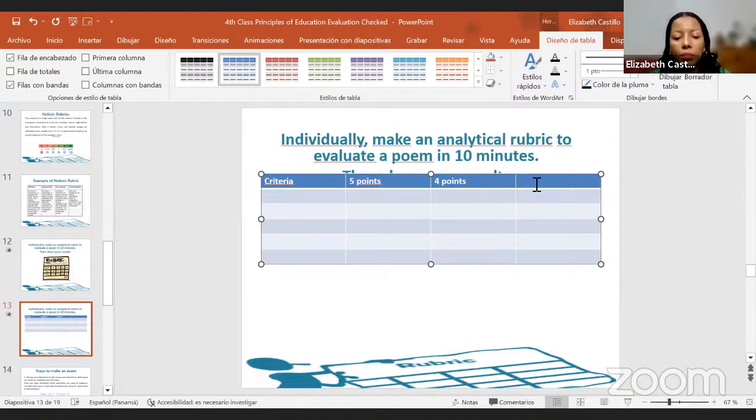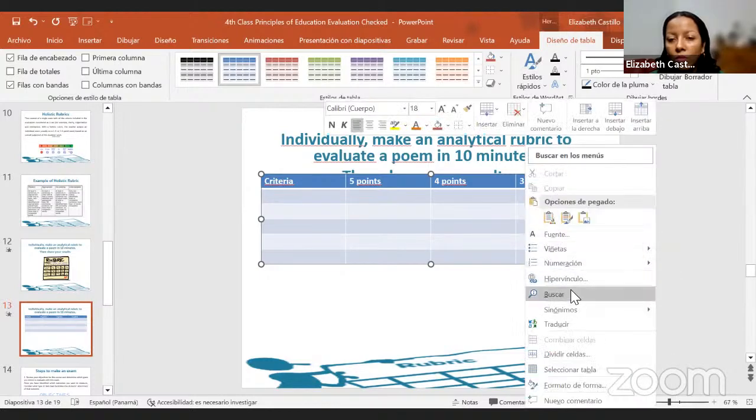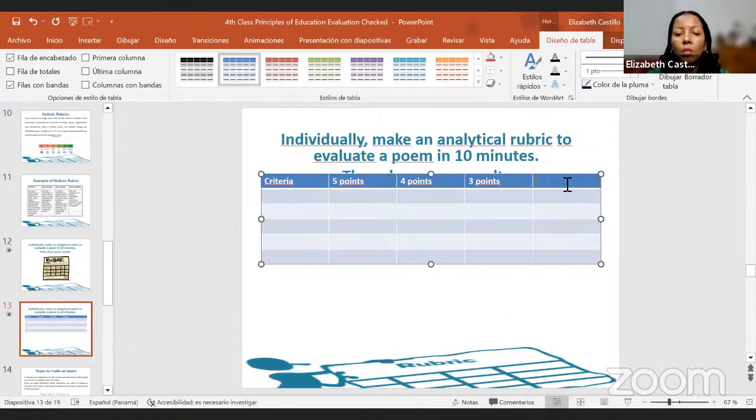And 3 points. And well, let's include another one, 2 points. That is the minimum.